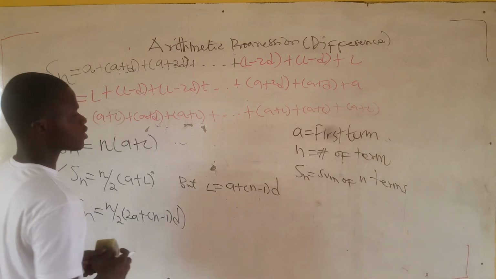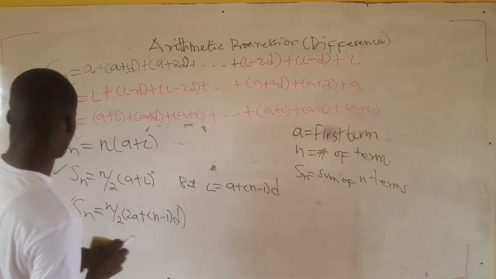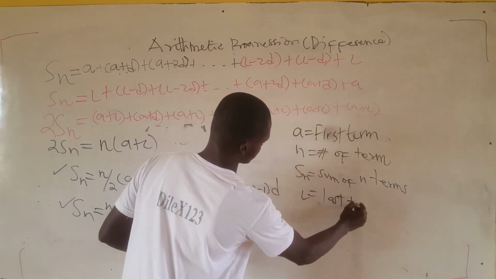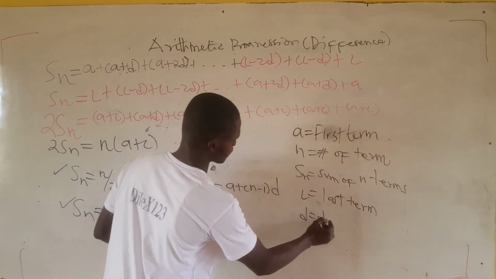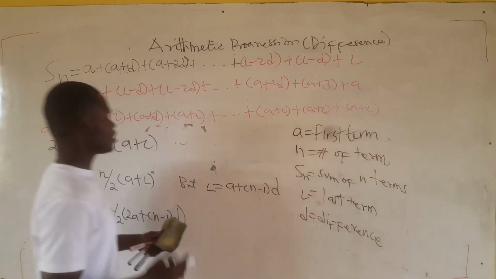So here we are adding n different numbers, so we fix n there. And what is left? You have the l. The l is equal to the last term, and the d is equal to the difference.